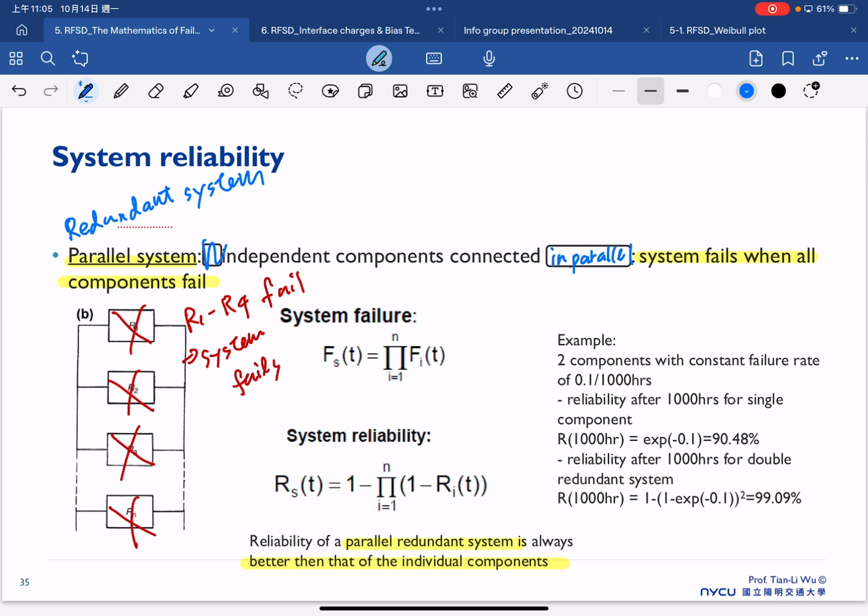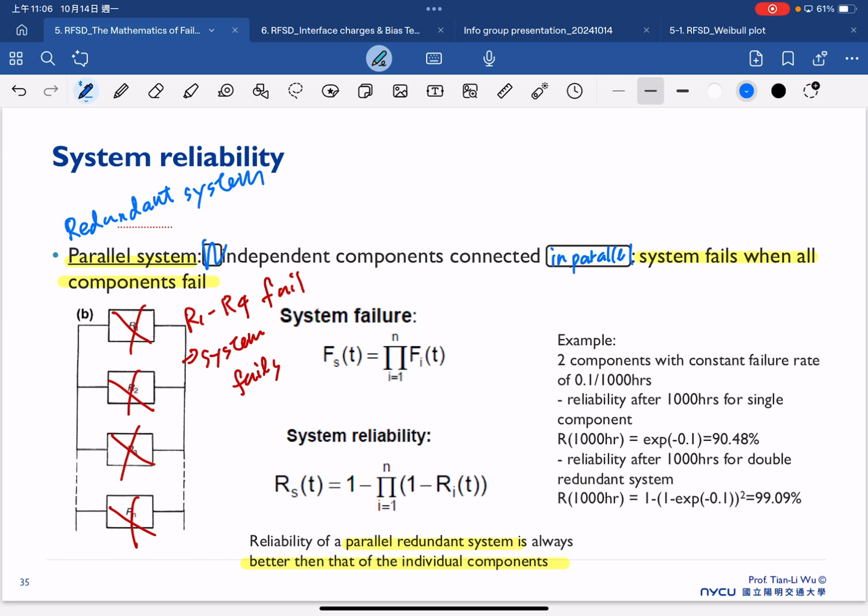I think even if you haven't heard about the series system or parallel system before, these concepts are already used in our daily life. For example, you probably will back up your personal information not only on the hard drive of your laptop. You will also back up in the cloud. You also have another portable hard disk to back up all your personal information. So that's the case of the parallel system, or what we call the redundant system here.